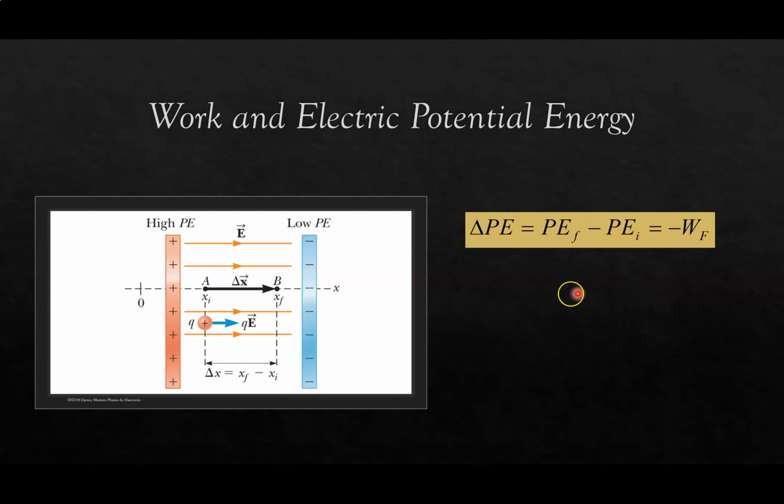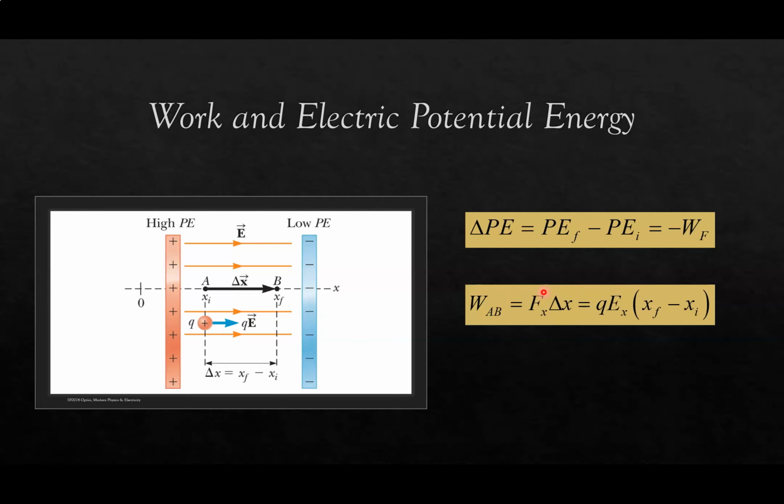Okay, so to see how it works, imagine a small positive charge placed at point A in a uniform electric field. This is the electric field.